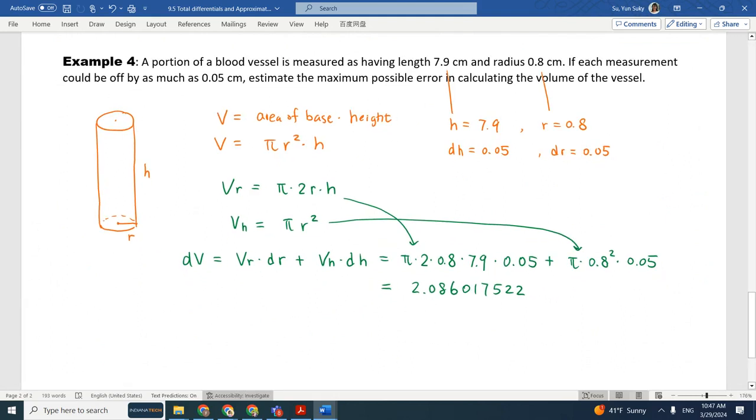Okay, so this is the maximum possible error in calculating the volume of the vessel. What that really means is, if you calculate the volume, you know it is pi r squared h, and then your r is 0.8 squared, your h is 7.9, right, everybody? Could you put this in your calculator, and what do you get? Give me four decimal places.